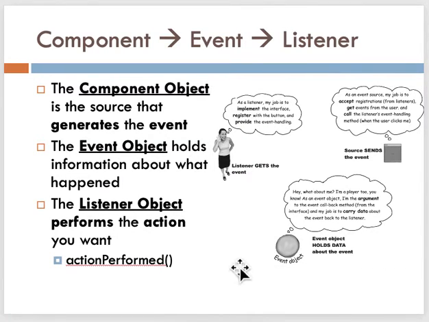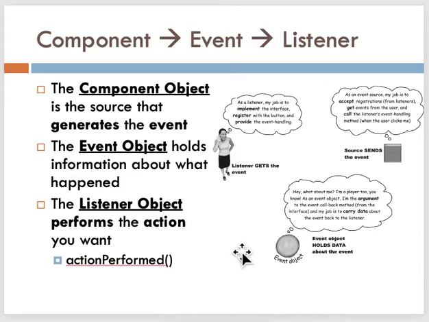And that's what this graphic is as a listener, where it says, my job is to implement the interface. The interface that's talked about here is an interface class rather than the graphical user interface. And then also to register with the button and provide the event handling. And the event source's only job is to accept the registrations from the listeners, get the events from the user, and call the listener's event handling method.